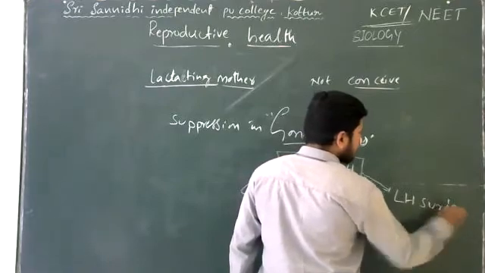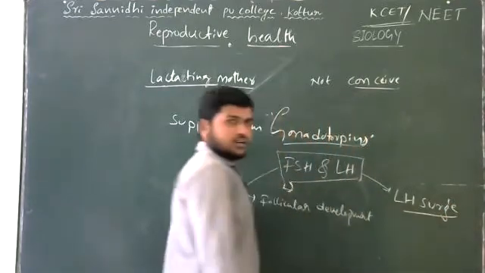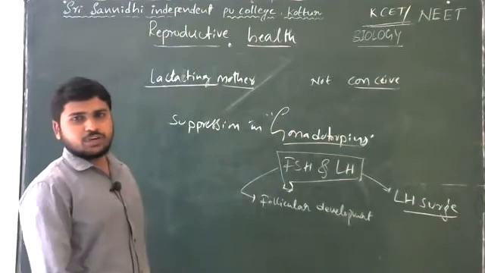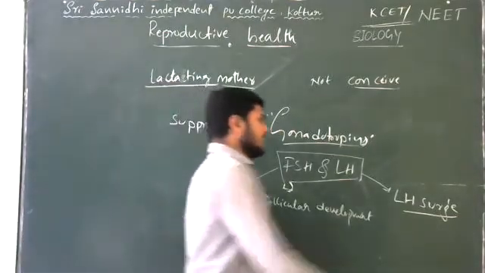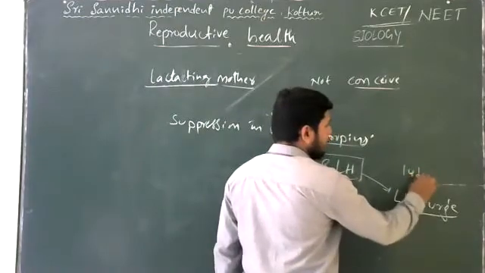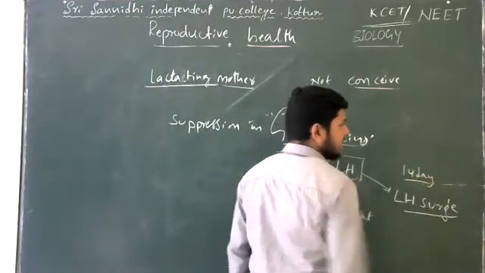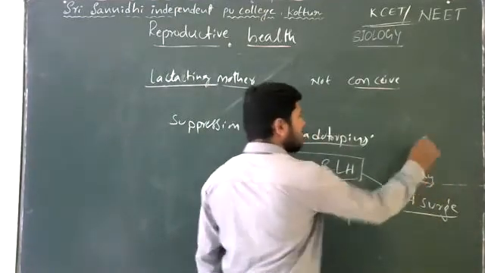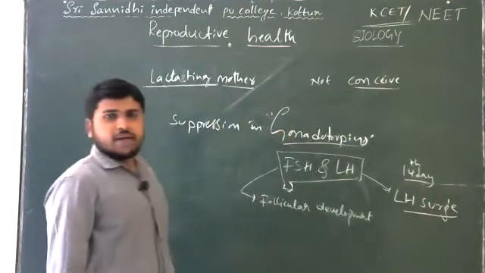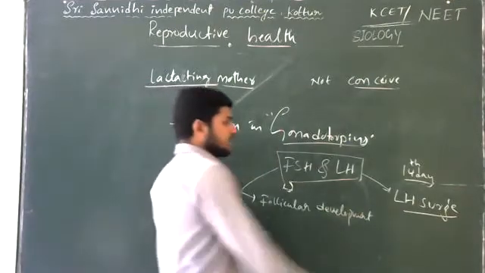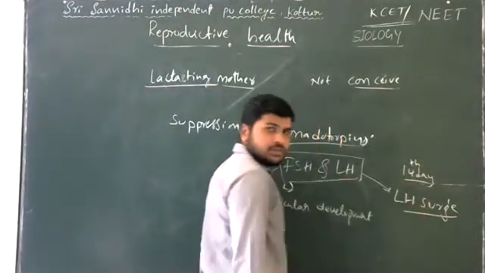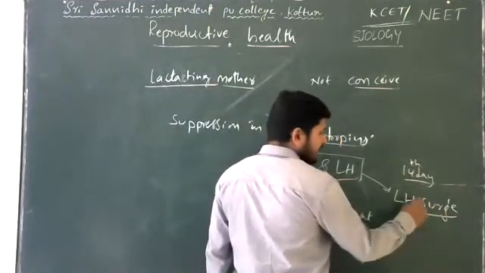Why is the LH surge essential? We are discussing human reproduction, the menstrual cycle concept. Exactly on the 14th day of the menstrual cycle, a rapid increase in luteinizing hormone leads to a maximum level, which we call the LH surge.